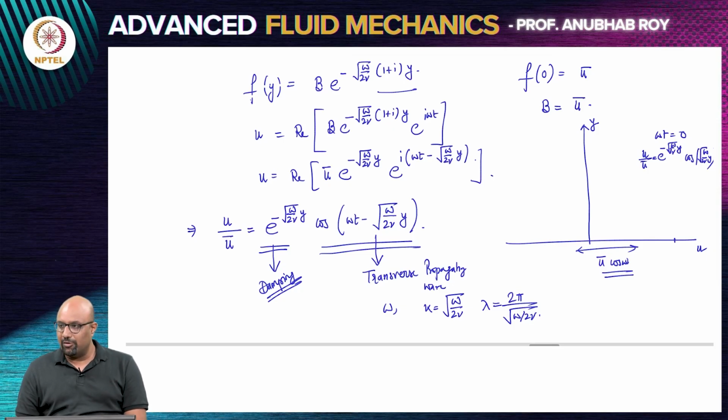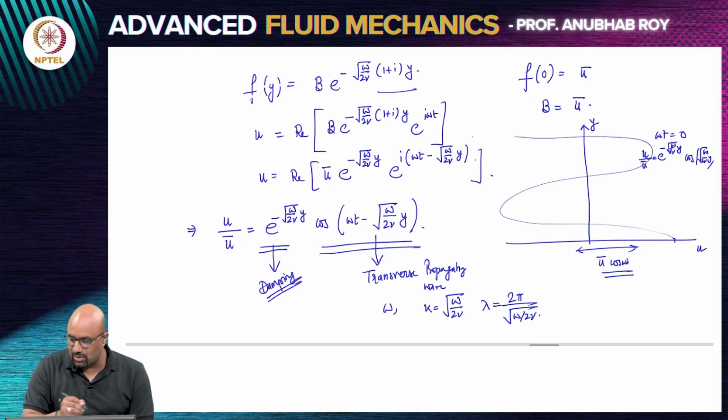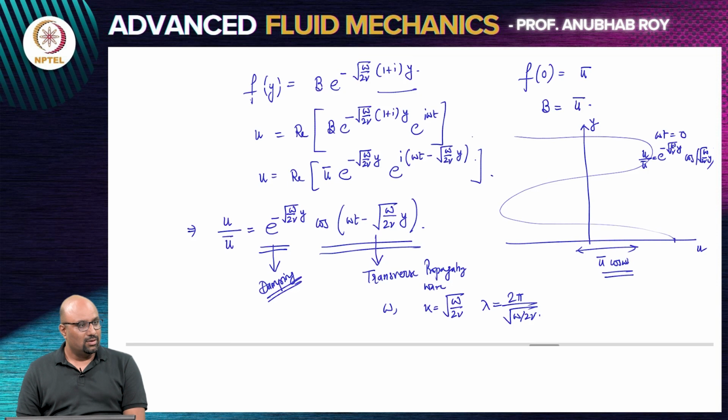Now cos of square root of omega by 2 nu y is going to be an oscillatory function, right? It's going to be oscillatory in nature. So it would ideally have looked something like this. This is the cosine function, how it should have looked. But it is not a cosine function because it's a cosine with a damped amplitude.